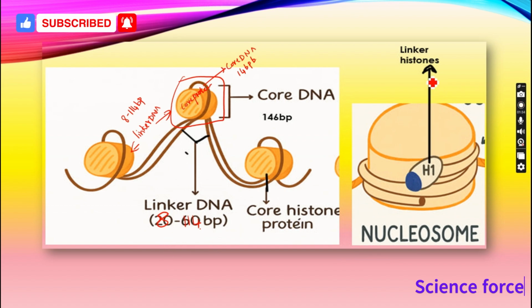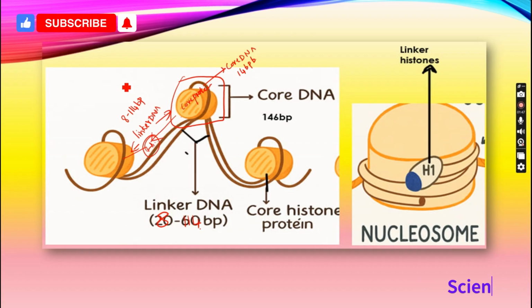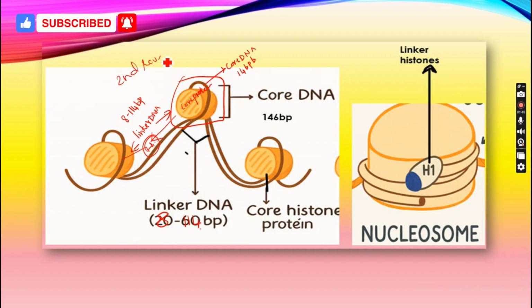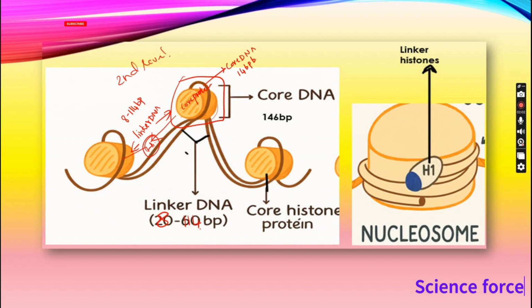Here I have also mentioned the linker histone. The linker histone makes two nucleosomes attach. It attaches with the linker DNA and makes the next nucleosome attach to it in the second level of organization. Here we are only seeing the first level of organization, the nucleosome concept, where there is a core histone, which is a histone octamer, core DNA wound around it, and a linker DNA.